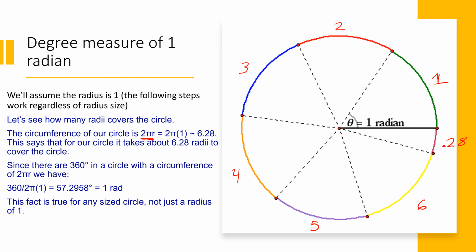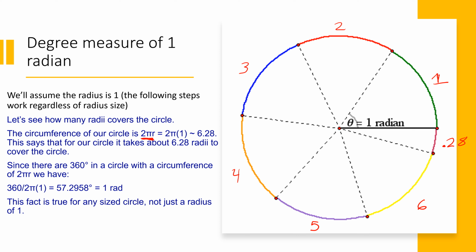So if we take the degrees of a circle and the number of radians it takes to cover the entire circumference, we divide 360 by 2 pi, or 2 pi times 1, which is our radius, and we get roughly 57.3 degrees.